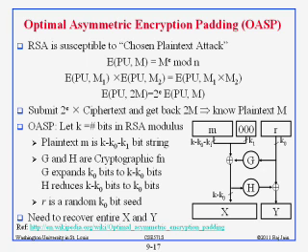Okay, this is called optimal asymmetric encryption padding, OAEP. Basically what you're doing is you're padding the message so that nobody can play this game of shifting the bits. You always get the full number of bits. So you are not just going to get M raised to E mod N, which could be a small number.